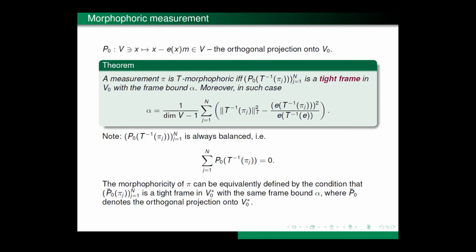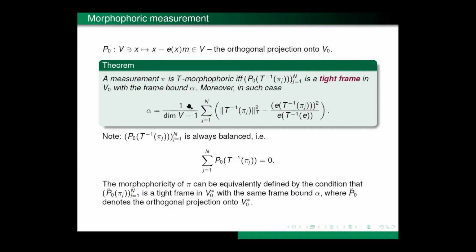Namely, if we take the effects from our measurement and map them back by the transformation T to our space V, and then we apply the orthogonal projection onto the space V0, so that was the space where the unit functional E gives us 0, then this set of vectors is a tight frame in V0 with the frame bound alpha.